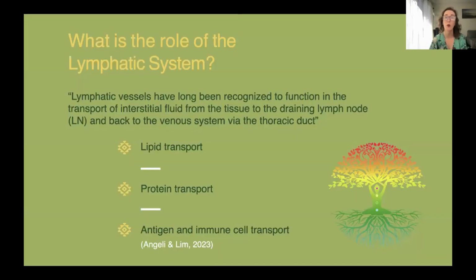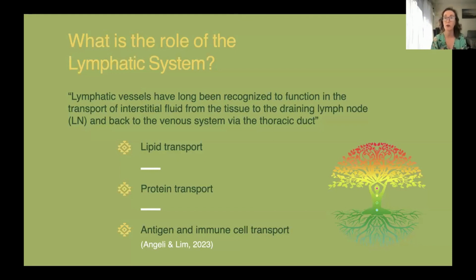So what is the role of the lymphatic system? Lymphatic vessels have long been recognized to function in transporting interstitial fluid from the tissue to the lymph node into the venous system via the thoracic duct right here. So that's what we traditionally know it as. It's a system that gets fluid from one area of the body back into the general circulation.